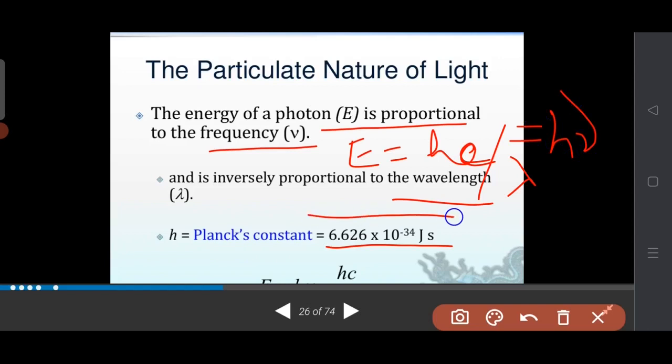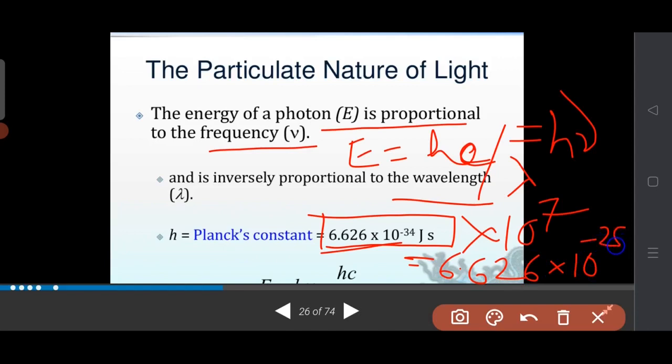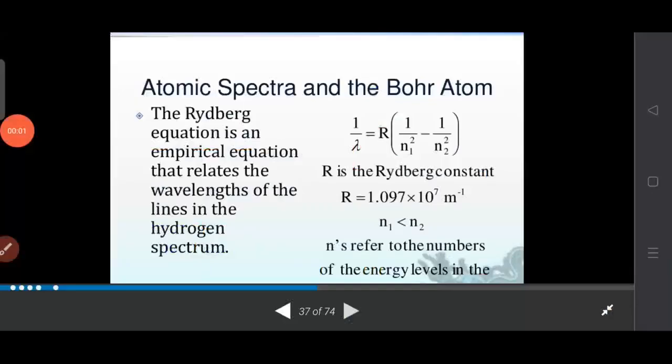This is the SI unit, the value of the Planck constant. If we multiply it by 10 to the power 7, it comes to 6.626 into 10 to the power minus 28, and that time the unit is erg second. In this way, from Bohr's model we get the atomic spectra.